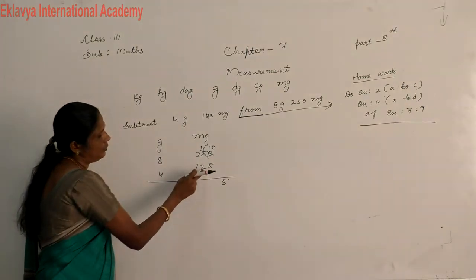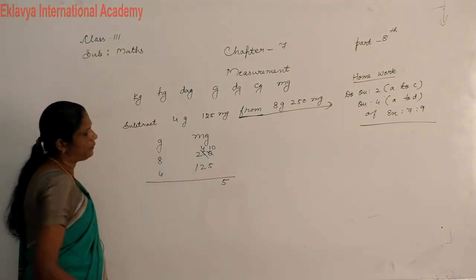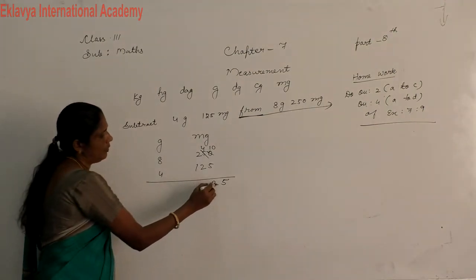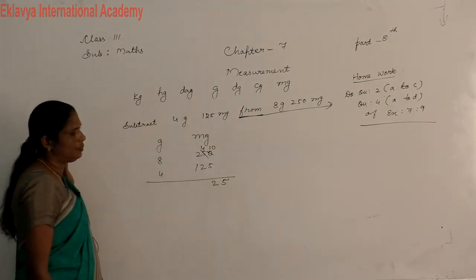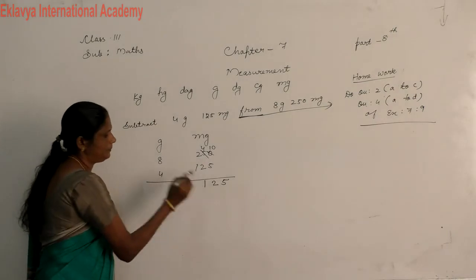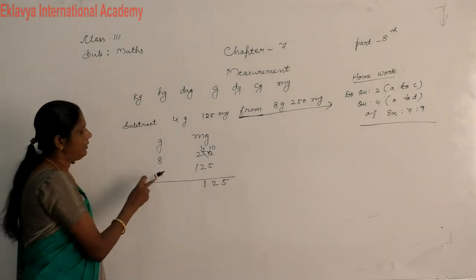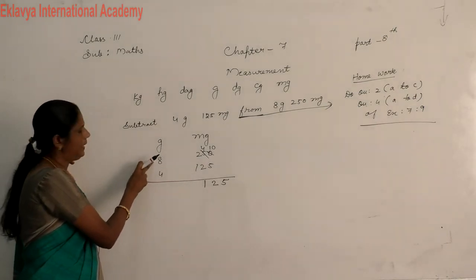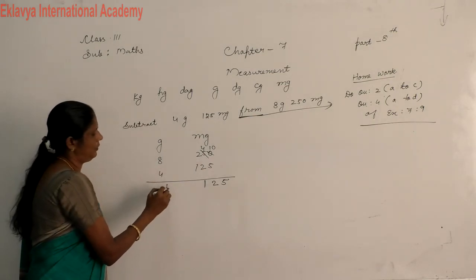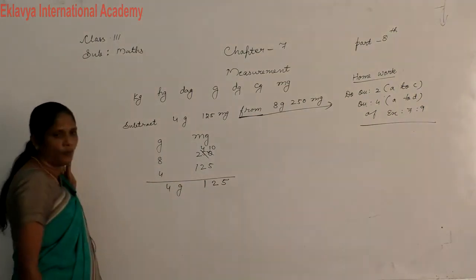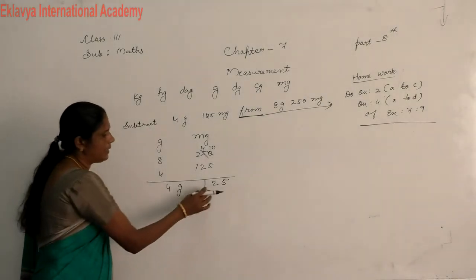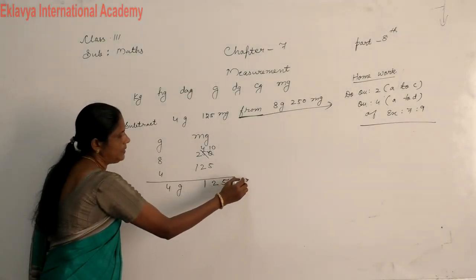Then 2 take away from 4, you get 2. 1 take away from 2, you get 1. Now 4 take away from 8, you get 4. Our answer is 4 gram 125 mg.